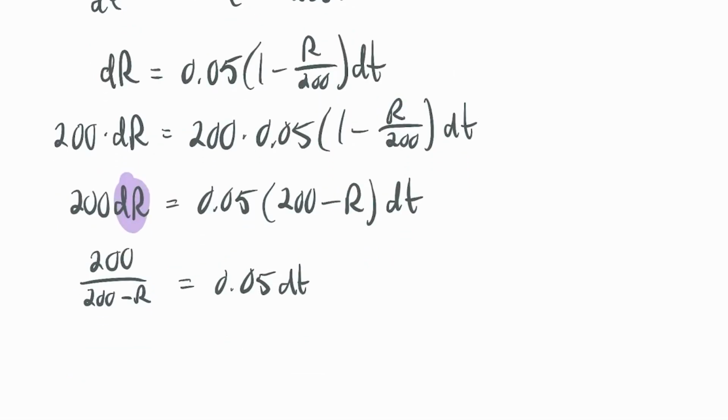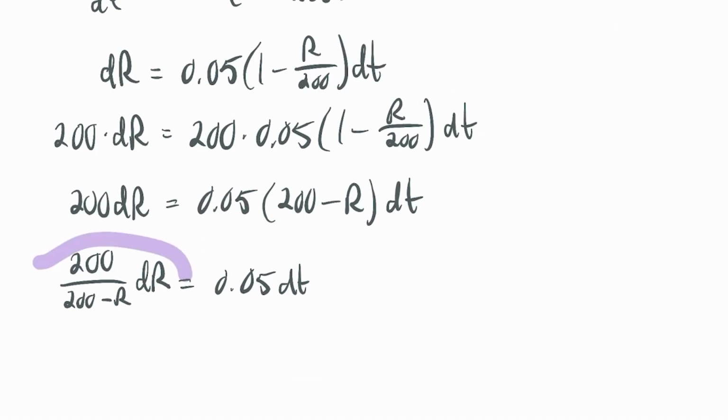On the left, I forgot the dr. Maybe that's why I was off center. Okay, so on the left, I do get stuck with a fraction, unfortunately. But now I have r's on one side, t on the other, so I'm ready to integrate.